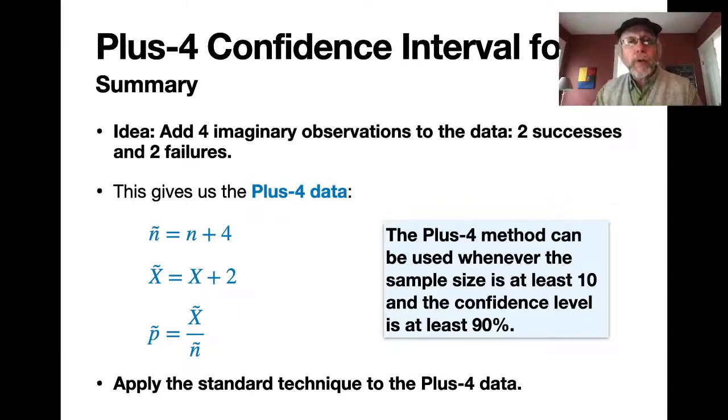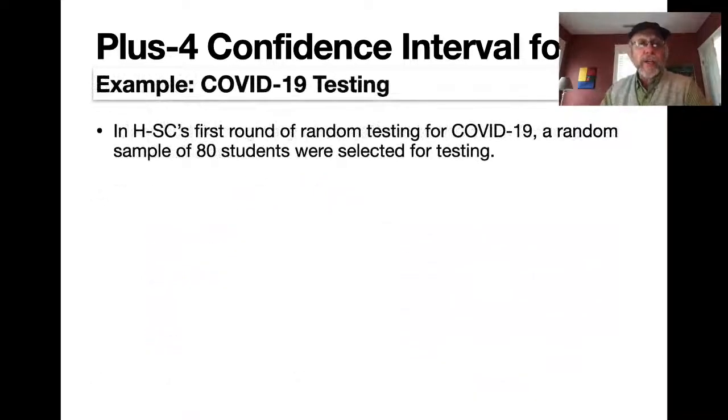So I wanted to use this method in an example that we couldn't do using the standard techniques. And actually, the HSC COVID-19 testing data that's available is precisely such an example.